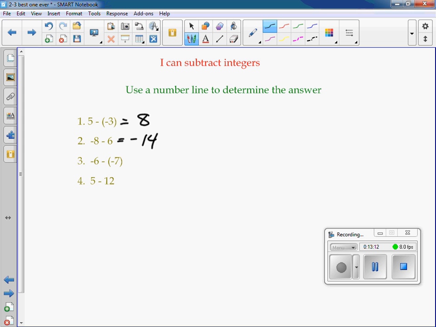Okay. So you don't actually have to use a number line. We can probably do a lot of these in our head, right? Right? All right. So, by the way, can anybody give me a situation where we'd be down 8 and then we'd lose another 6?